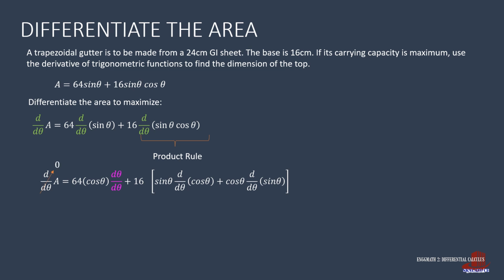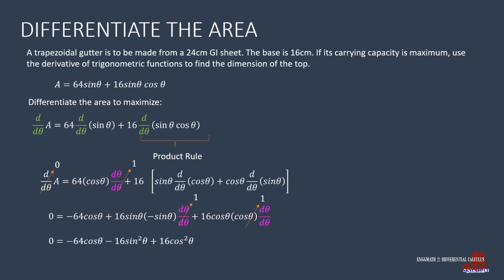The derivative of the area is zeroed out, and d theta over d theta is reduced to 1. The function then is 0 as equal to negative 64 cosine of theta minus 16 sine squared theta plus 16 cosine squared of theta. In this case, there are two cosine terms and a single sine term, which means we are to convert sine this time.